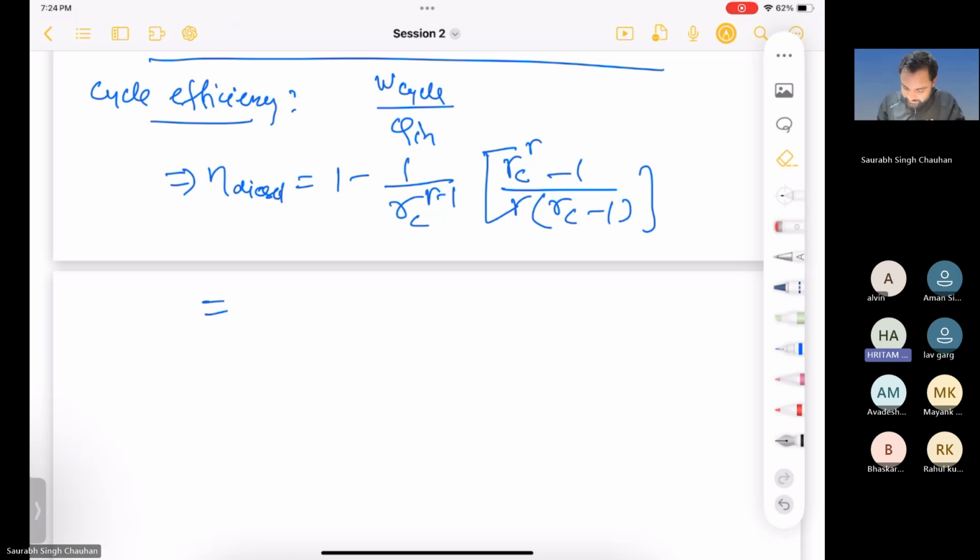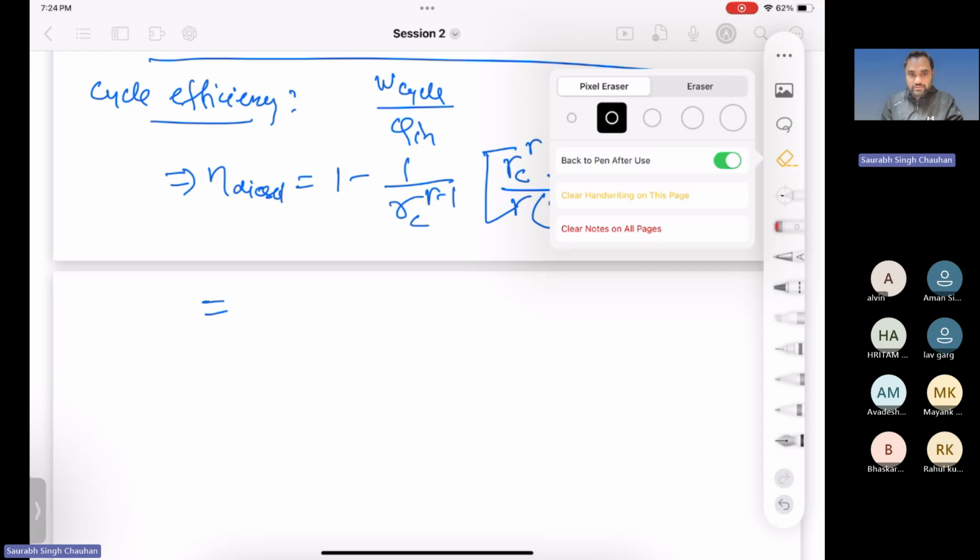Sir, can we denote cutoff ratio by alpha? Yes, sir. Okay, let us rewrite the whole thing.